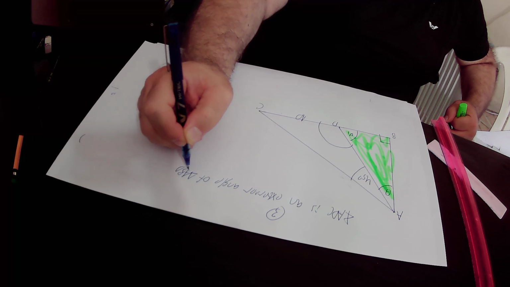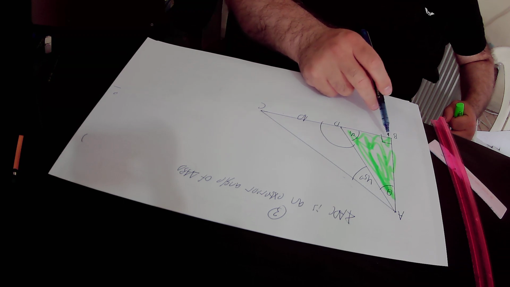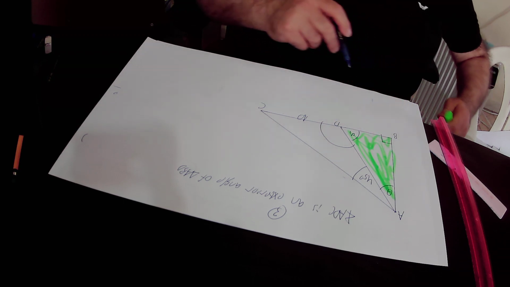Okay? So triangle ABD has this exterior angle and three other interior angles. Okay?